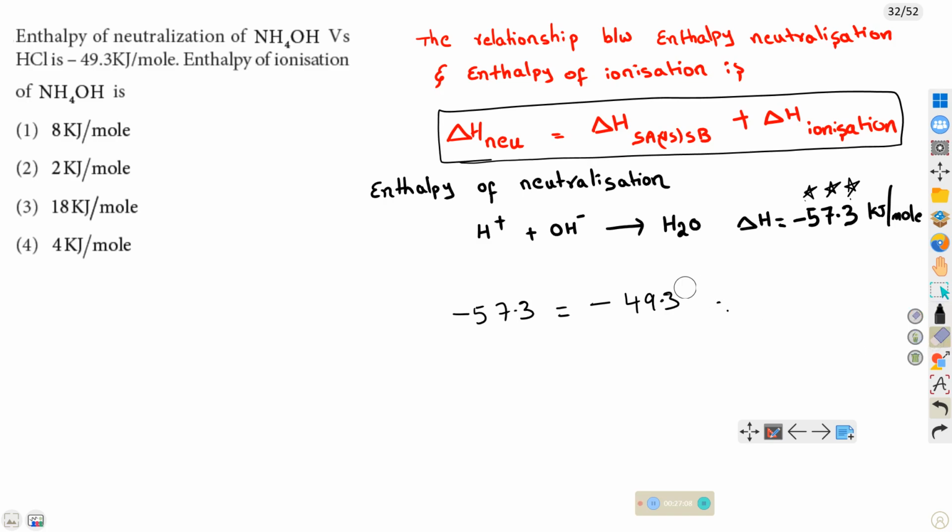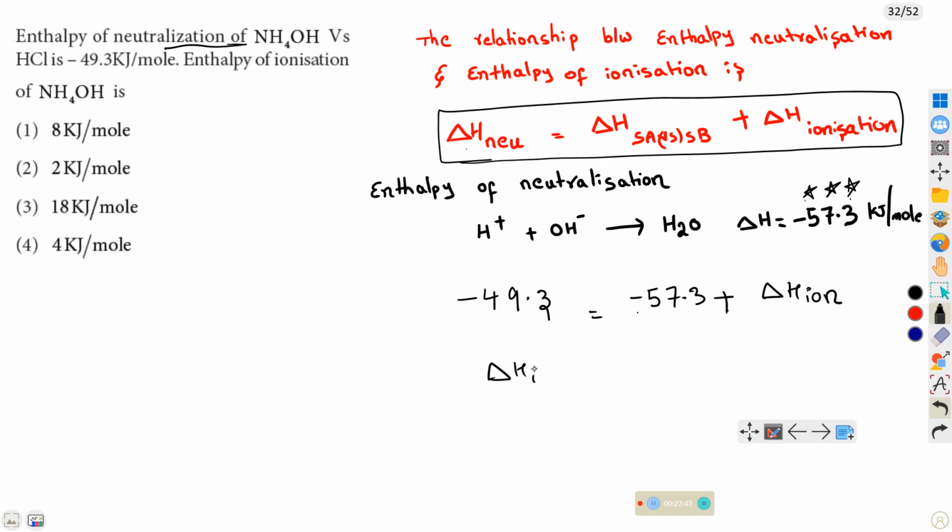This is wrong. Read the question carefully. Enthalpy of neutralization is given. Enthalpy of neutralization value minus 49.3 is equal to, calculate enthalpy of ionization, enthalpy of strong acid versus strong base, the value is minus 57.3 plus delta H ionization.